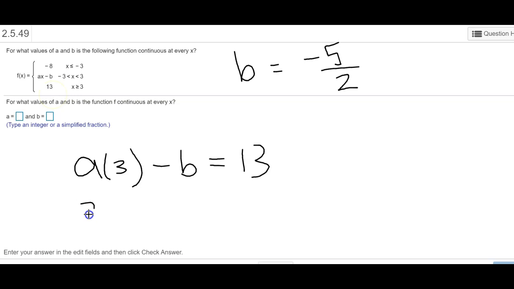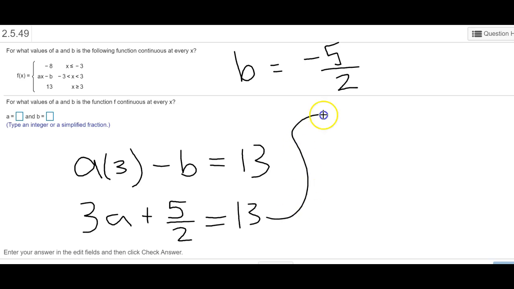So that's 3a. I'm just going to rewrite a times 3 is 3a minus b. Well, this is b, -5/2, so minus -5/2 would be plus 5/2 is equal to 13. And now I'm just solving that equation for a. So coming up here, I would get 3a if I subtract 5/2 from both sides.